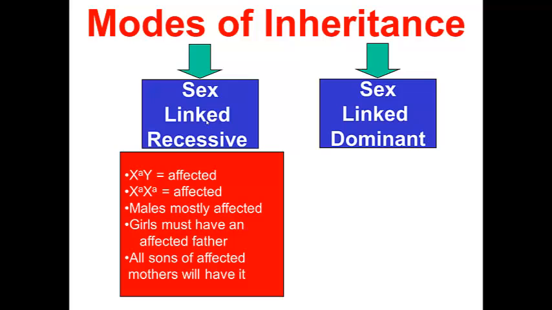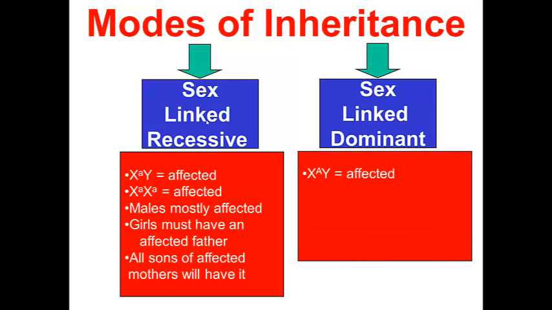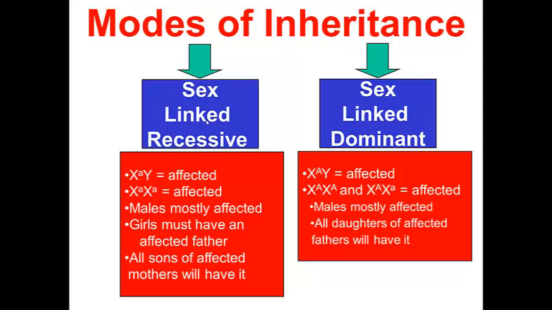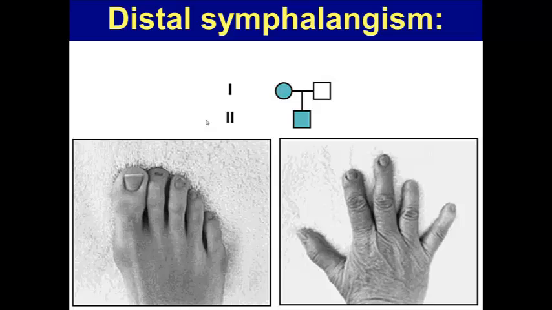All sons with affected mothers will have the disorder. For sex-linked dominant, all males with big A are affected, as well as females that have big A, big A or big A, little a genotypes. All daughters with affected fathers will have it.